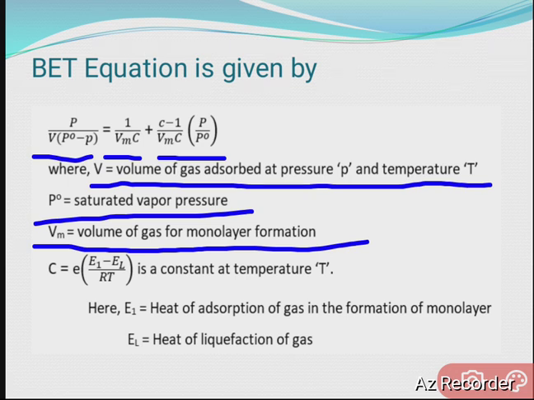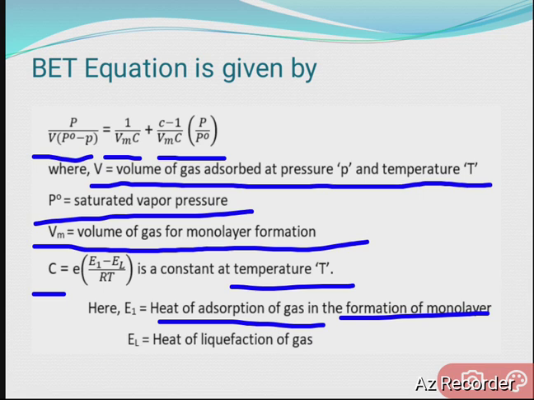And C is the constant and its value is given by the exponential of (E1 minus EL) divided by RT at the constant temperature T, and R is the universal gas constant, and E1 is the heat of adsorption of a gas for the formation of monolayer, and EL is the heat of liquefaction of the gas.